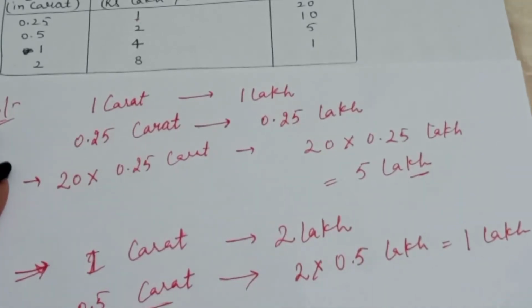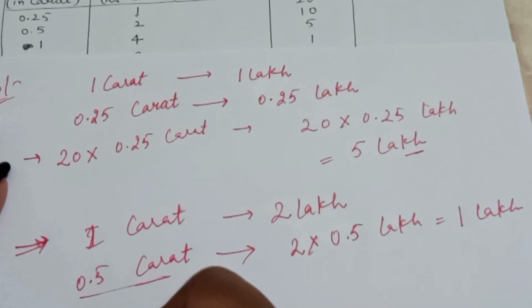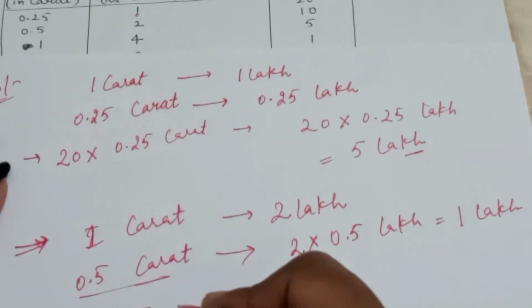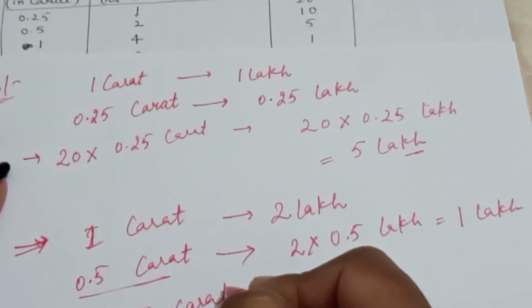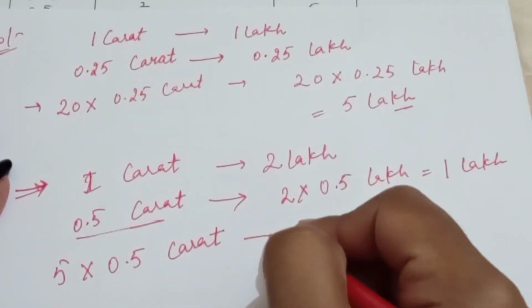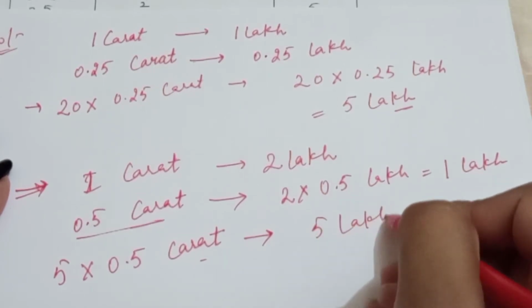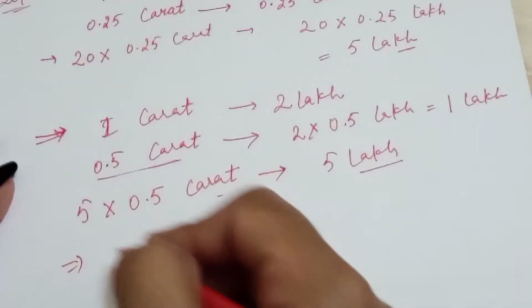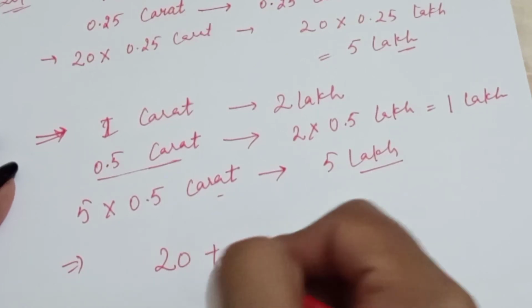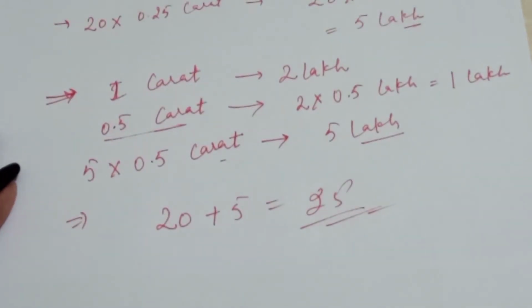For each piece we have 5 lakh, it means we can buy 5 diamonds of this size, that will cost 5 lakh. So total number of diamonds is 20 plus 5, which is equal to 25. This is our answer.